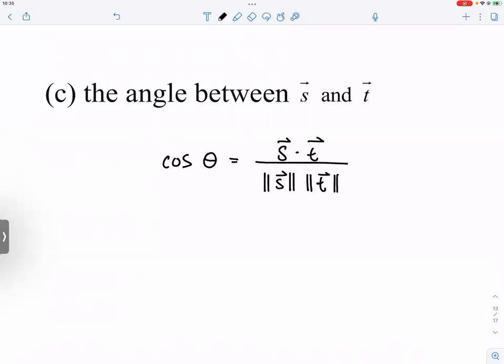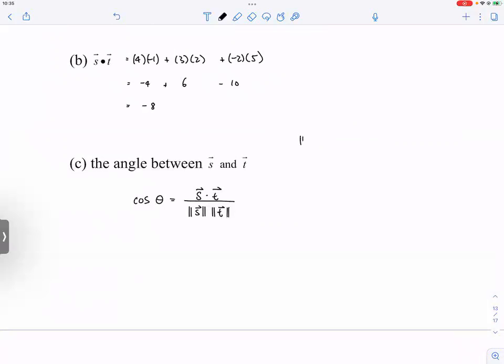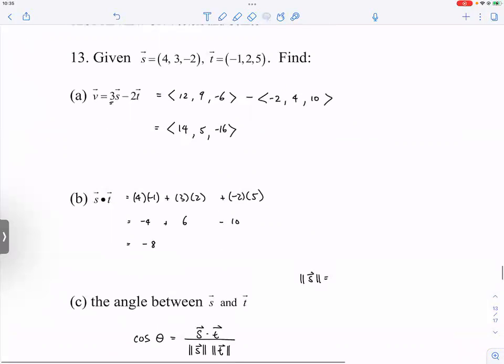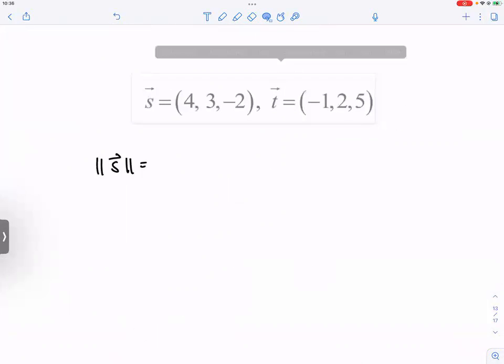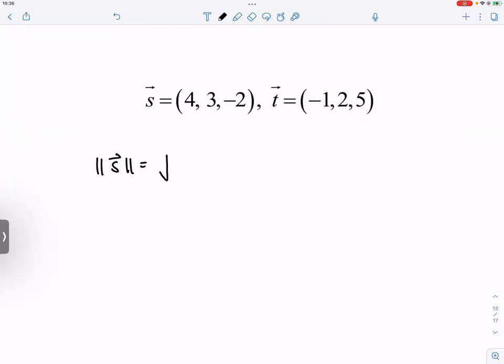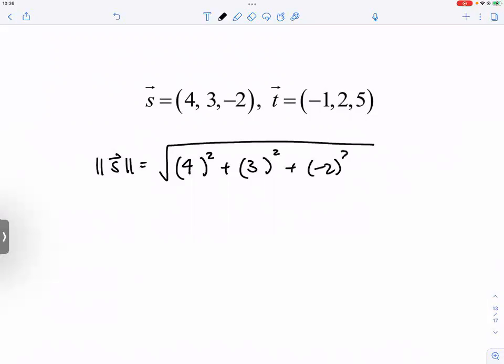Well, magnitude. How do you find the magnitude of a 3-dimensional vector? Well, the way you do it is really the same way that you would do the Pythagorean theorem. It's just that now we do one more digit. So for vector S, you have 4 square plus 3 square plus -2 square. I'm going to write them all down because my mind is not going to handle these numbers very well.